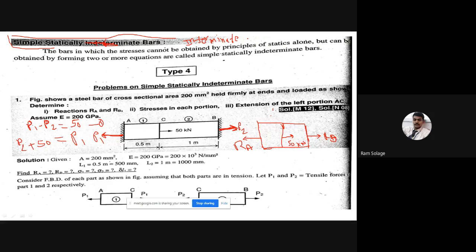Write down the sentence: The bar in which the stresses cannot be obtained by the principle of statics alone, but can be obtained by forming two or more equations, are called simple statically indeterminate bars.